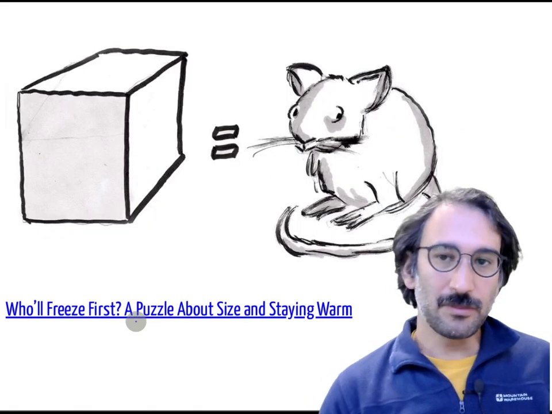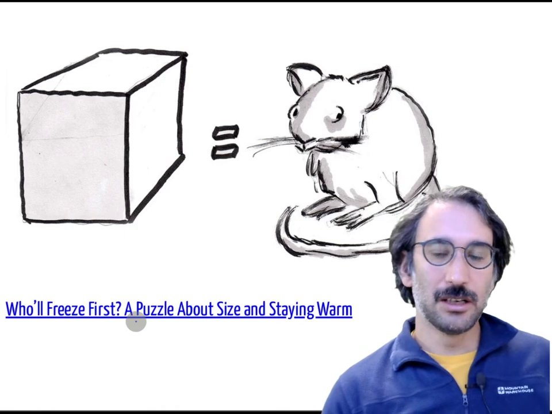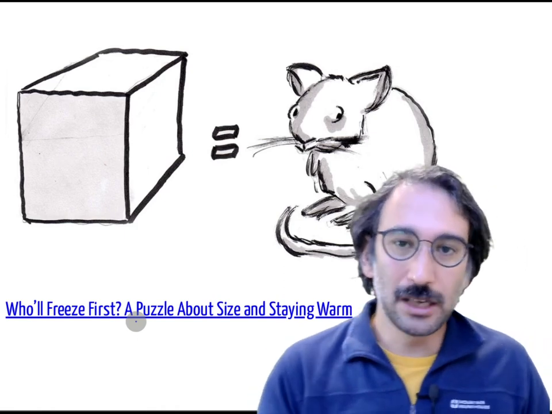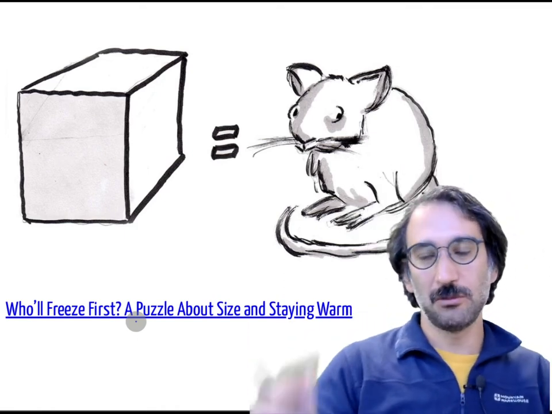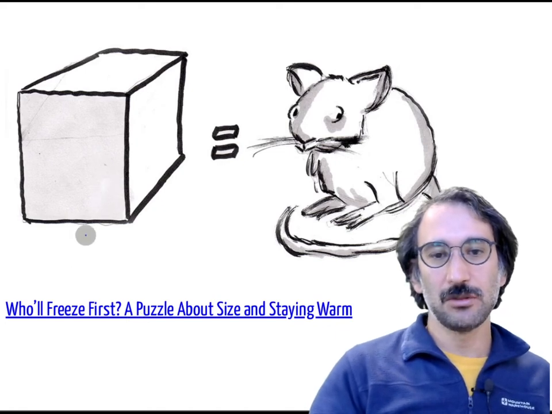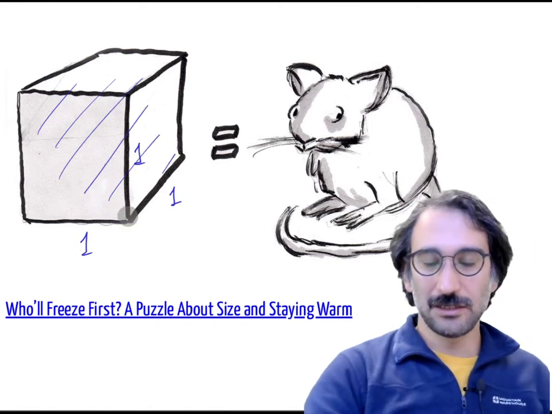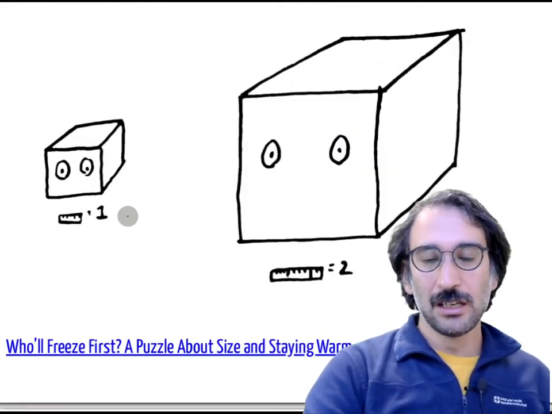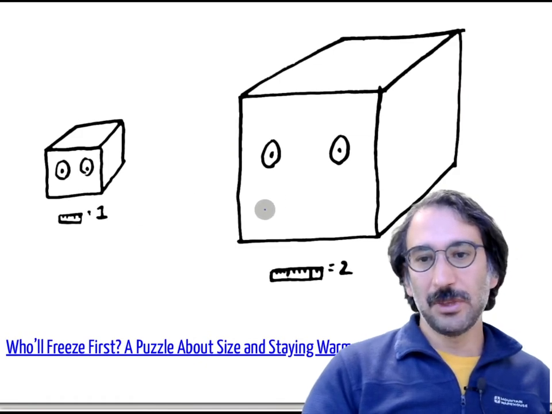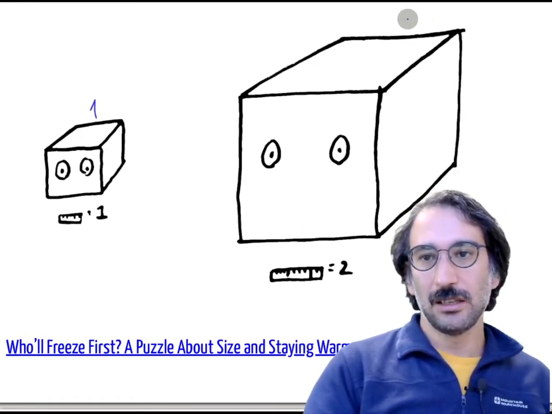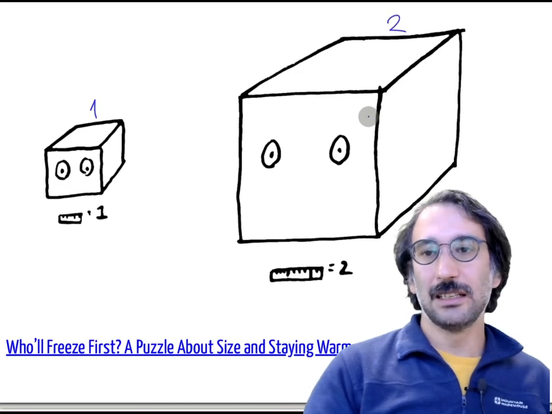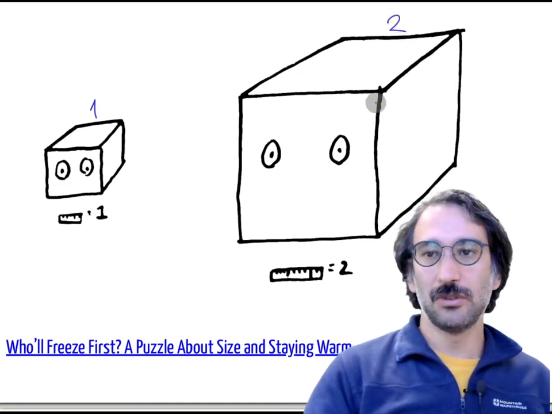Let's say our mouse is just a unit cube, so it has a dimension of one everywhere. So you can say 1, 1, 1. In every dimension it is one, and it has a volume of 1. Now if we double every dimension, this cube has a length of 2.